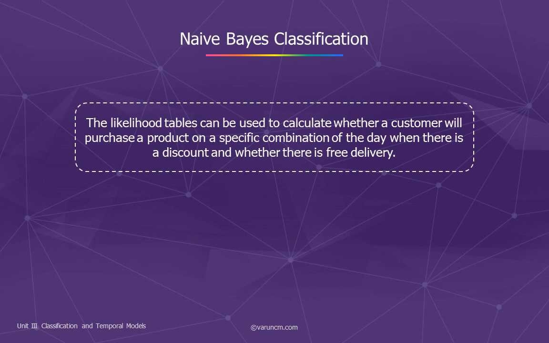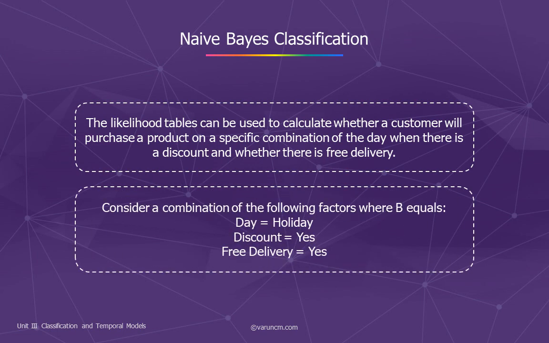Here the likelihood tables can be used to calculate whether the customer will purchase the product on a specific combination of the day, whether there is a discount and whether there is free delivery. The combination we are going to try in this session is B equals, that is day is equal to holiday, there is a discount and there is free delivery.